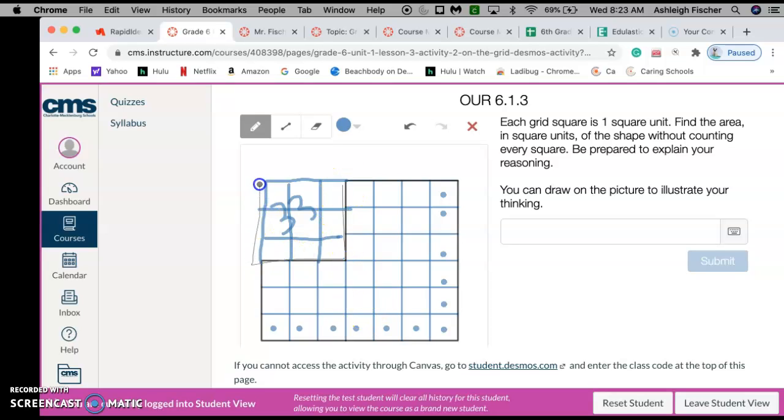Remember, this object here is 9, right? So 6 times 1, 2, 3, 4, 5, 6, 7. I apologize. So 7 times 6 is 42, and then 42 would be the large square. This did not exist, so I could subtract this out. So I take away that 9, and that still gives me my 33.